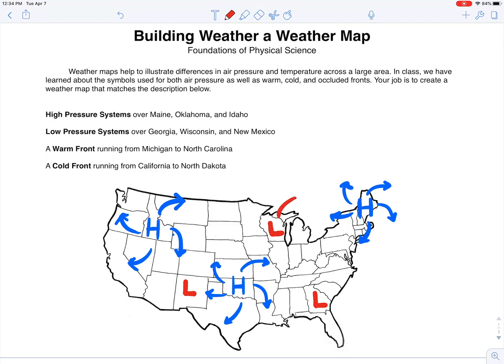So we've got low pressure systems here, and now we're going to take these same exact looking arrows, except now they're going to be flowing inward. As we know, air around a low pressure system spins counterclockwise. It spins to the left, and the air is rushing inward toward that pressure system, like this.